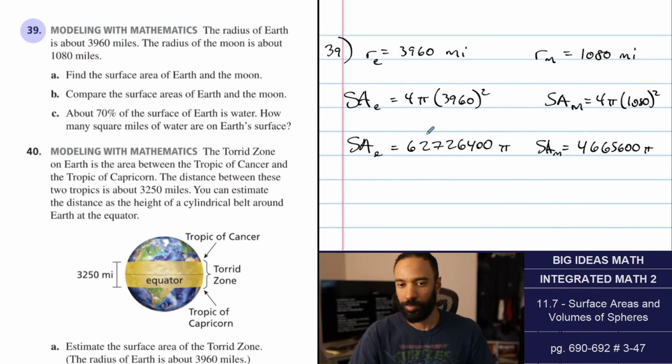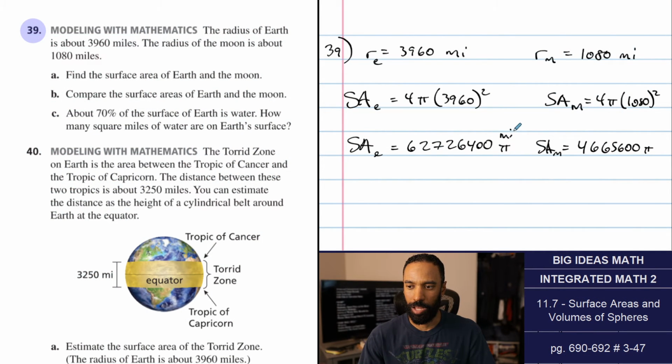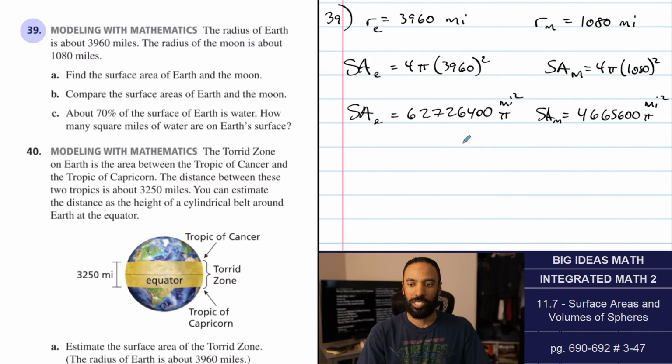Hold on. That's not the moon, that's the volume of the thing. 1080. For the moon, it's 4665600 pi. Okay, so I'll do the rest on my own. So square miles. Okay, that's the exact ones.